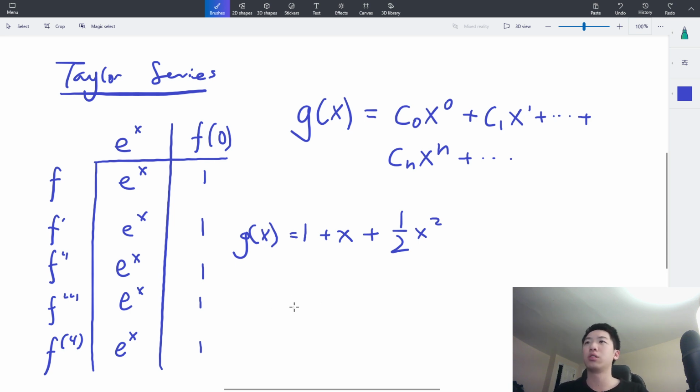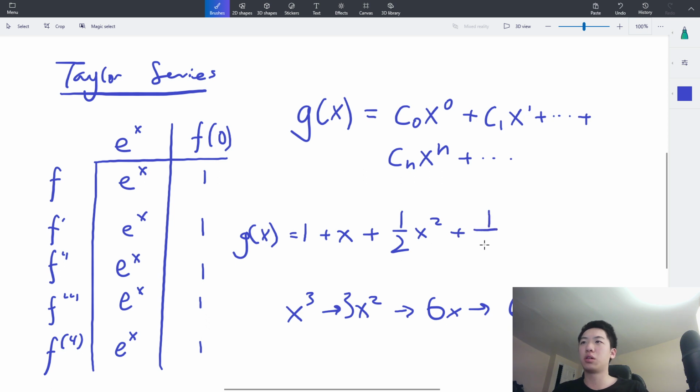So here, x cubed turns into 3x squared, turns into 6x, goes into 6. So you might be able to see a pattern here. So, okay, let's just first put in our number here, the fourth term of this series.